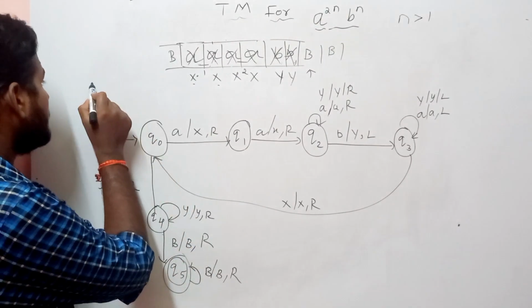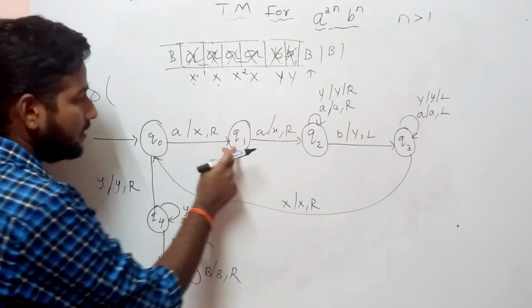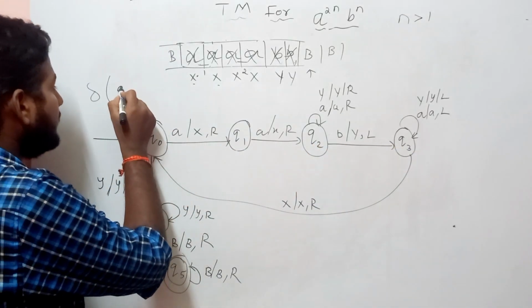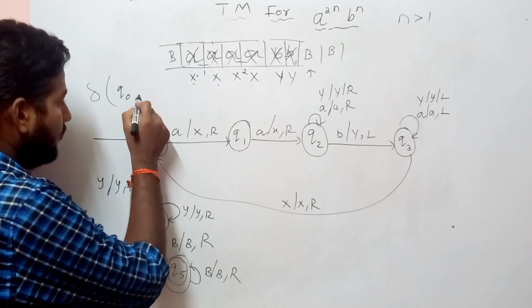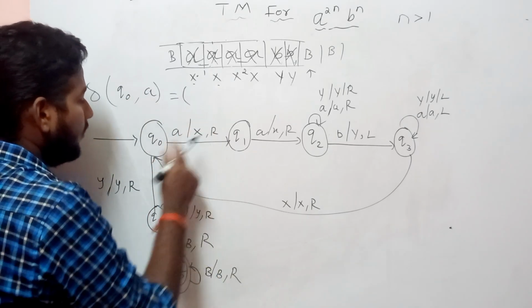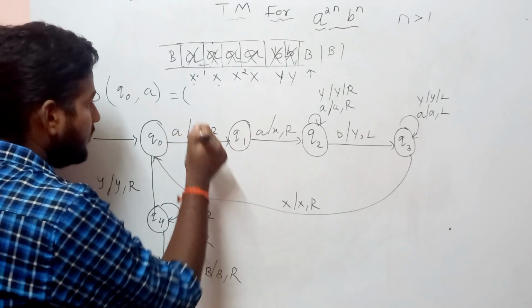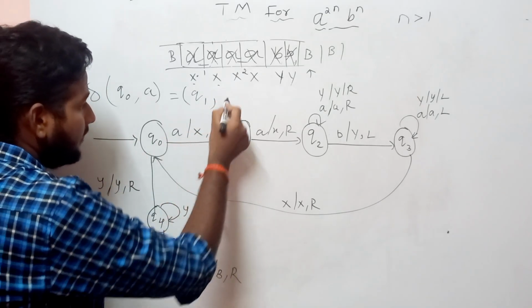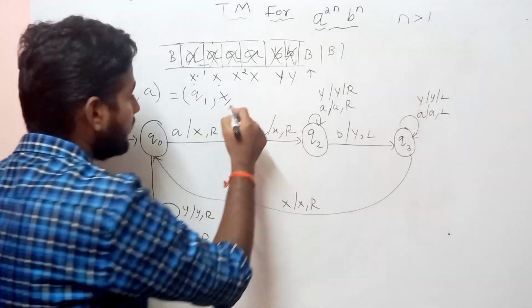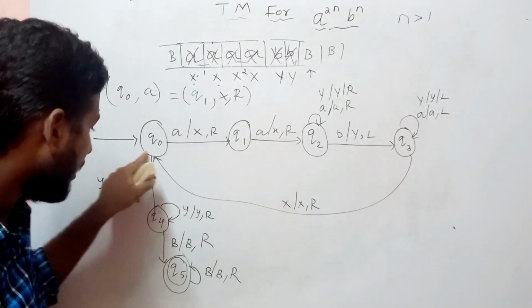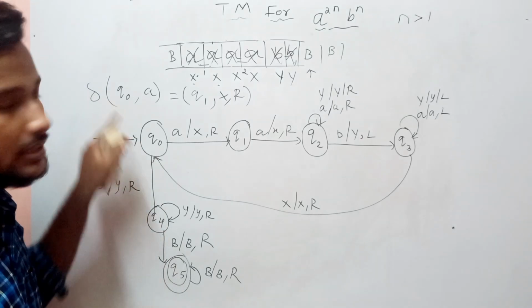We write the transition functions based on the states q0, q1, q2, q3, q4, q5. In state q0, what input are we giving? If we give a, the state changes to q1 and a changes to x, in the right direction. Similarly, for all these inputs and states, we write the transition functions.